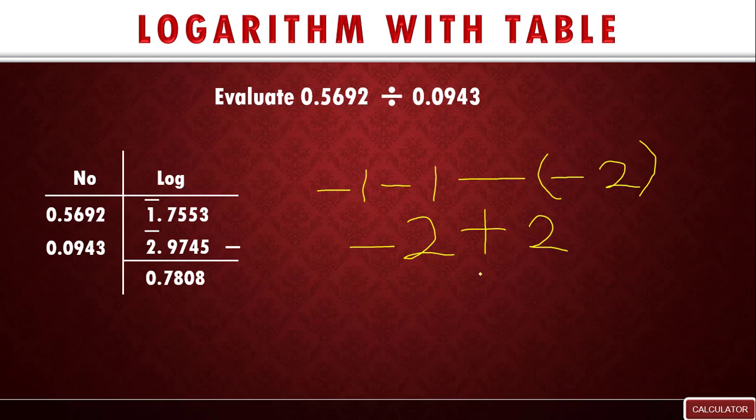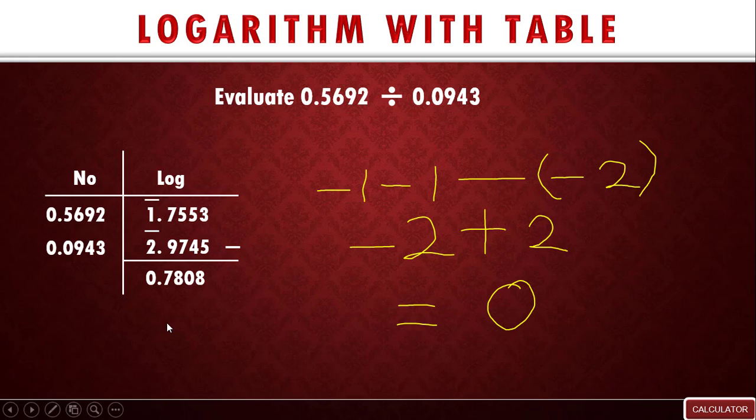So minus 2 plus 2, you're owing someone 2 pence, you now pay the person the 2 pence. Are you still owing? No, you're not owing any money, so that is 0. That's the reason why we have 0 here.